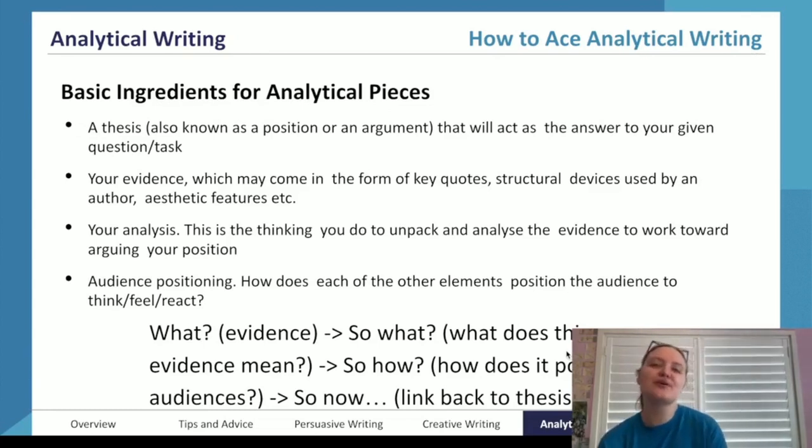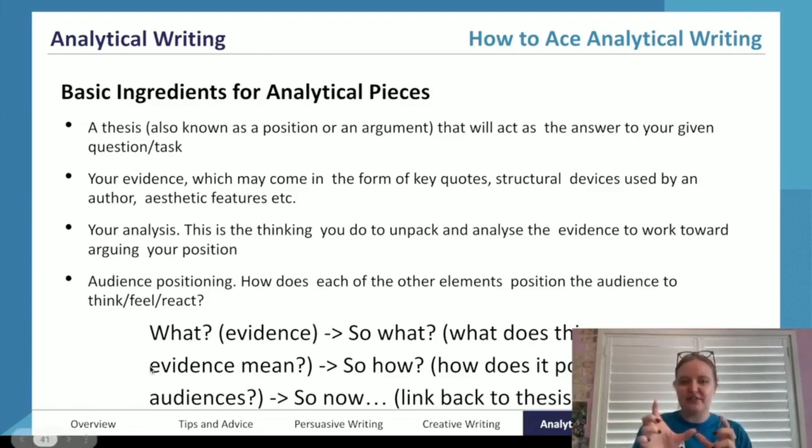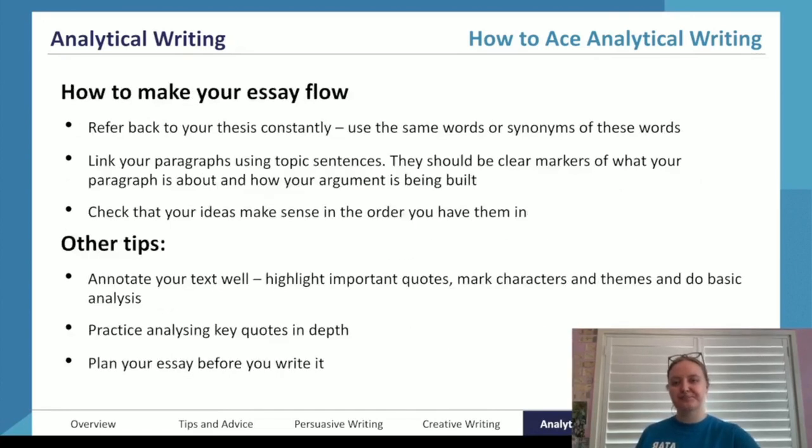So your microflow is used multiple times within a body paragraph every time you introduce a new piece of evidence. So it starts off with what? What? That's your evidence. So what? What does this evidence mean? That's your analysis. So how? How does this analysis position readers to think, feel, and react? So now, how does this link back to my thesis? And you repeat that for every new piece of evidence that you have.